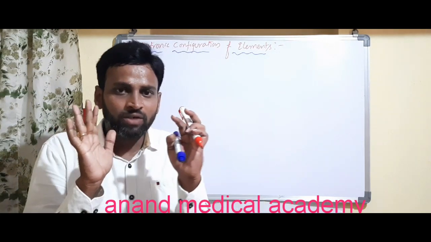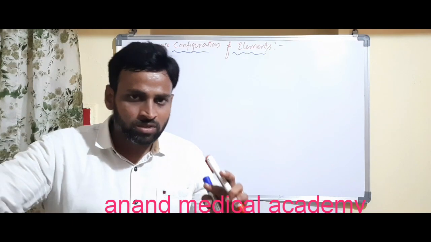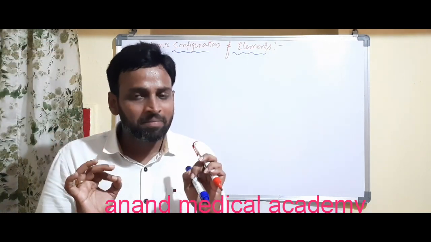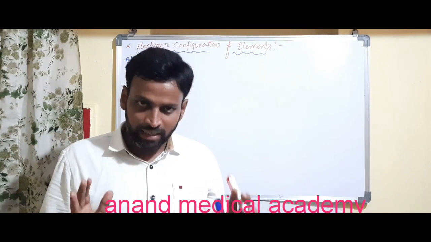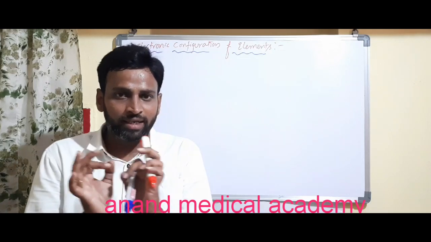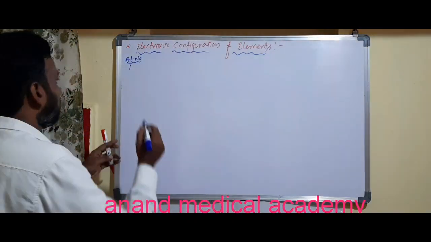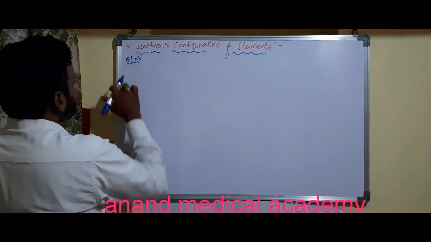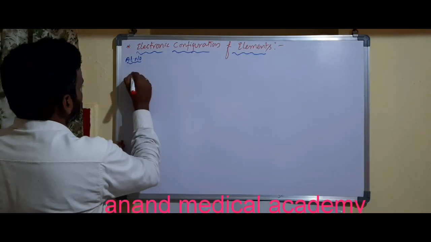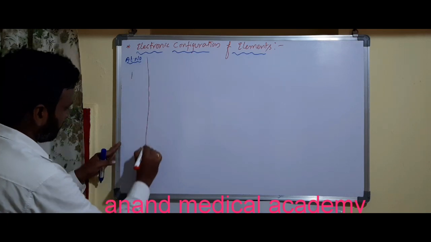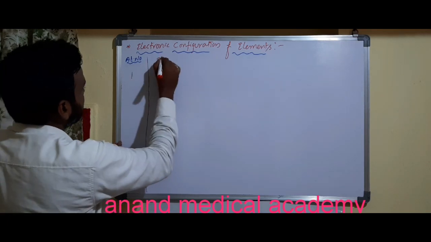Neutral atom means it was not shared, it was not lost electron, it was not gained electron. So atom or element means that is neutral. For a neutral element, atomic number will give you the number of electrons. So atomic number I am considering 1. Then what is the element? Atomic number 1 means what is the element?